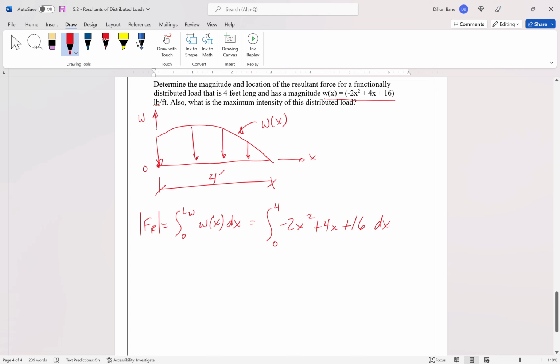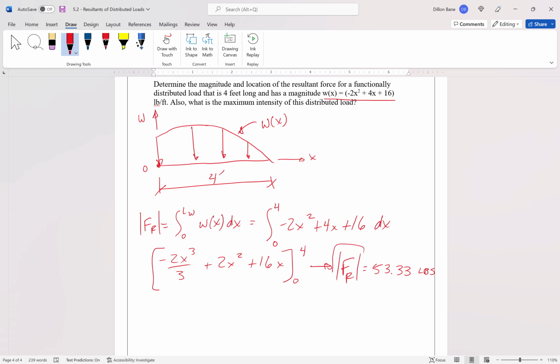This is just evaluating an integral. We get negative 2x cubed over 3 plus 2x squared plus 16x. Evaluate that from 0 to 4, right? This tells us that the magnitude of FR becomes 53.33 pounds.